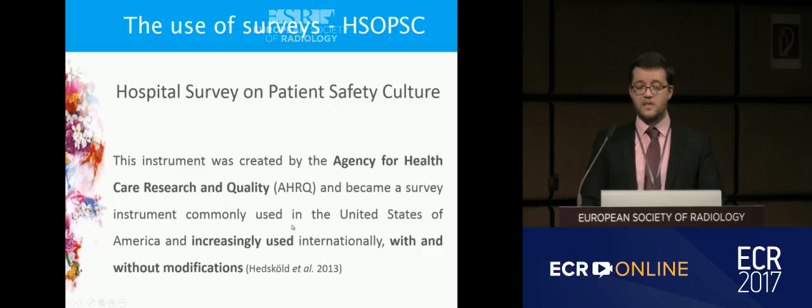available, but there are some other languages that have been developed, but the surveys are not online on this website. And this instrument was increasingly used internationally with and without modifications, the adaptations that I've just referred to.